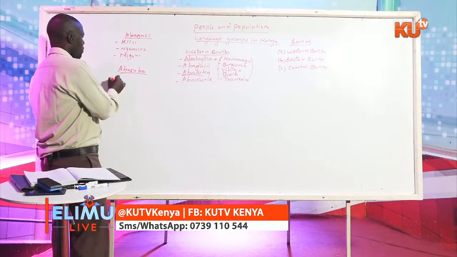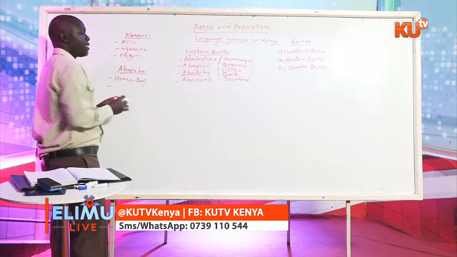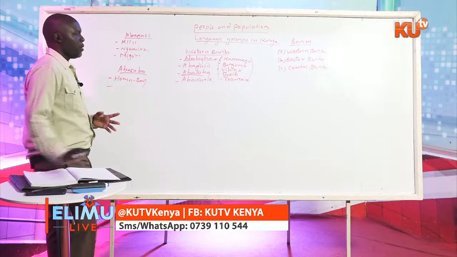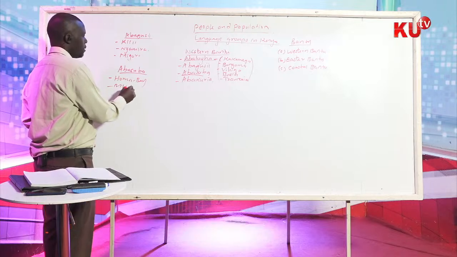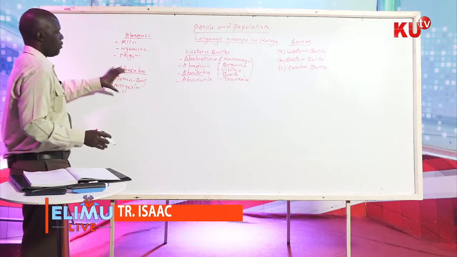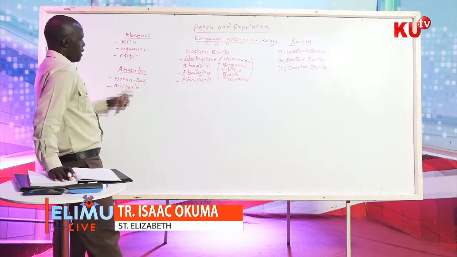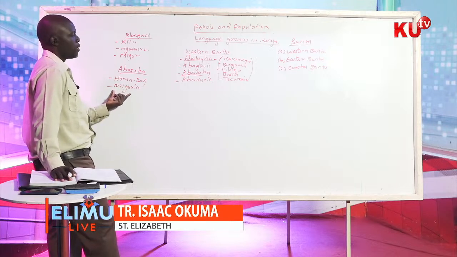So currently they are living in Homa Bay County, that is in Suba North and Suba South. Then they are also found in Migori. So these people, the Abasuba, are part of the Western Bantus, but they are currently living in Homa Bay County, and then we have Migori County.